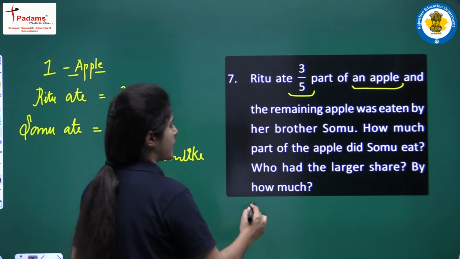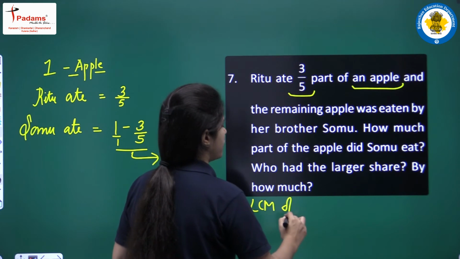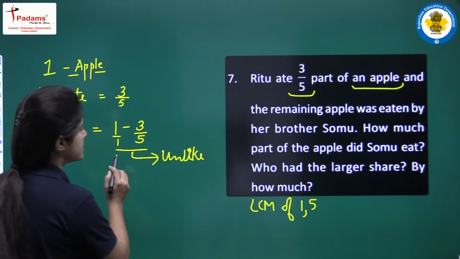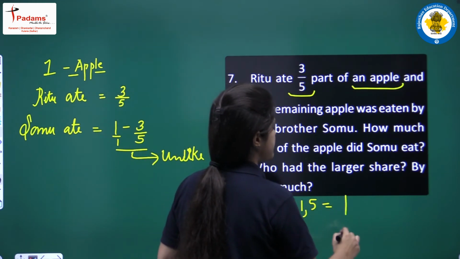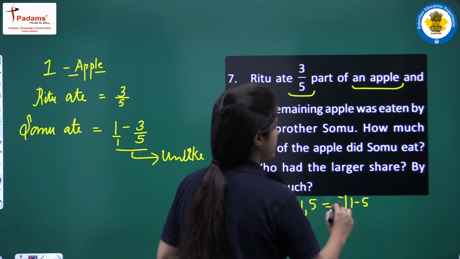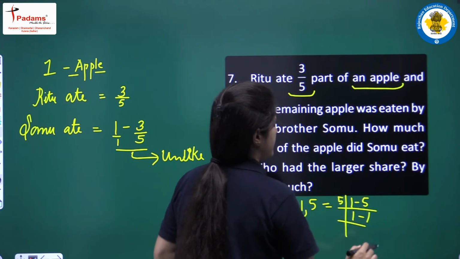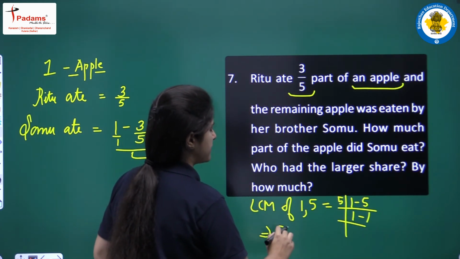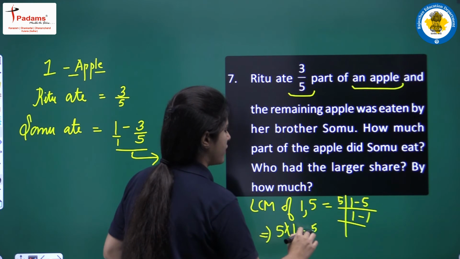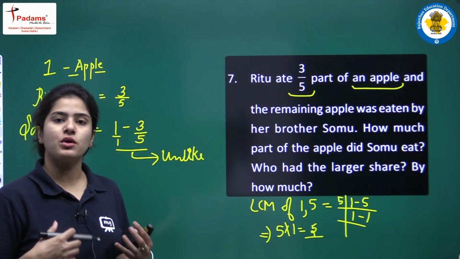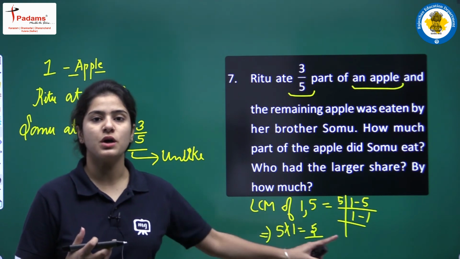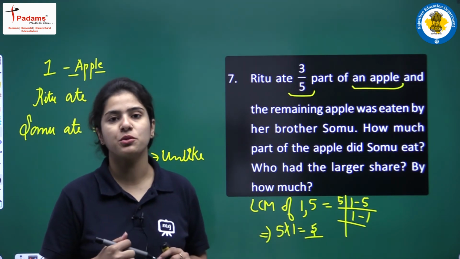So the LCM of 1 and 5 is 5. So we have to make the denominator of both the fractions equal to 5, that is the LCM of both denominators.